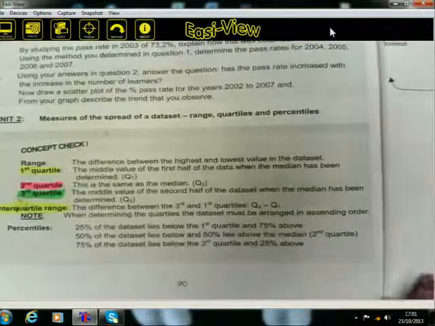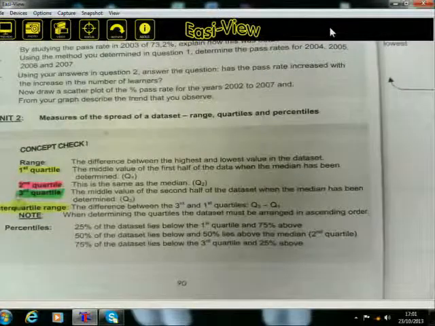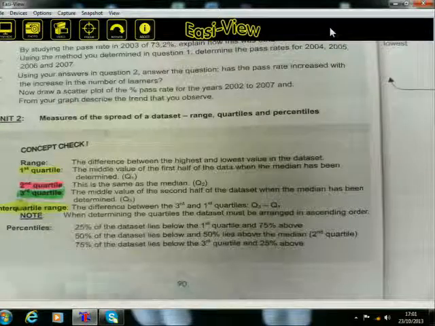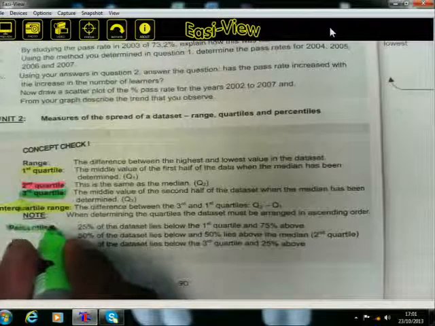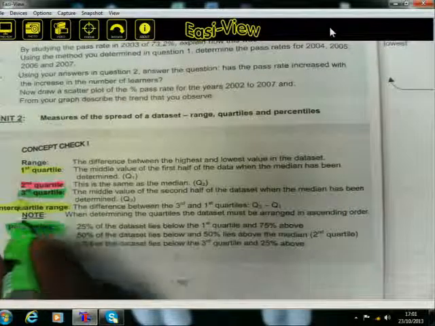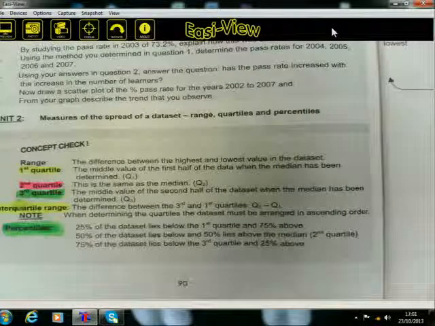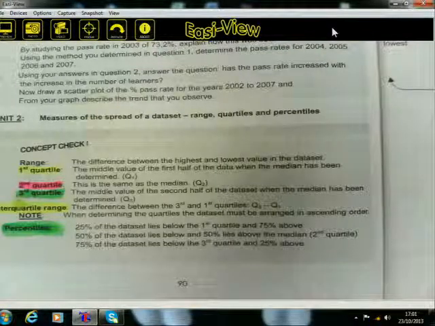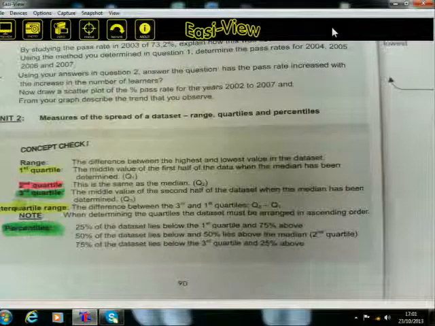Let's talk about the percentiles again. What is a percentile? When you see the word percent, it is out of 100. Do you get the point? Percentage means out of 100.